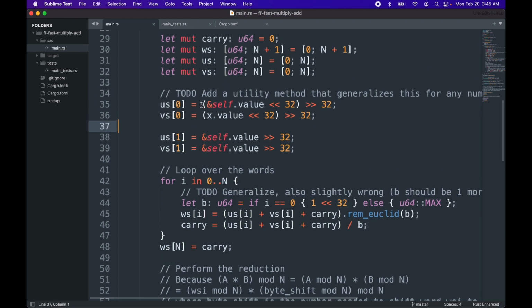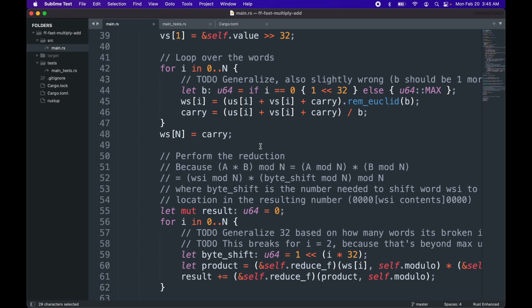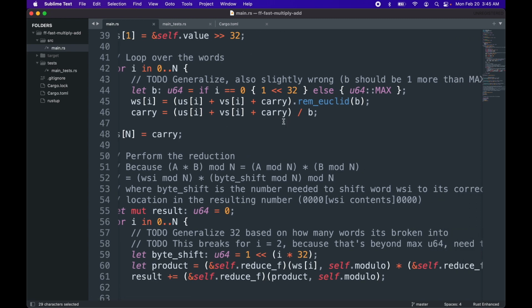But essentially what we've done is we get the 2 values, each broken into 2 words, and then we're going to iterate over them. I'm saying that the result will be, so this is the way that modulo happens in Rust, it turns out. The result is the ith word of the first input, the ith word of the second input, and whatever carry we're holding on to.